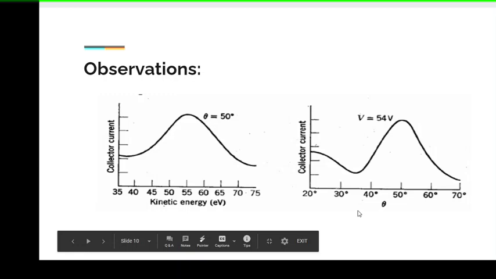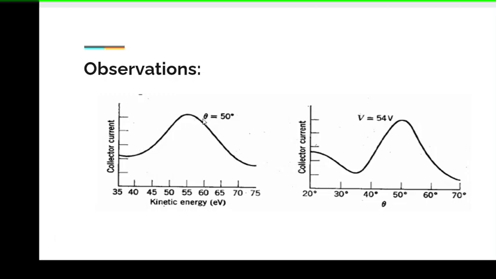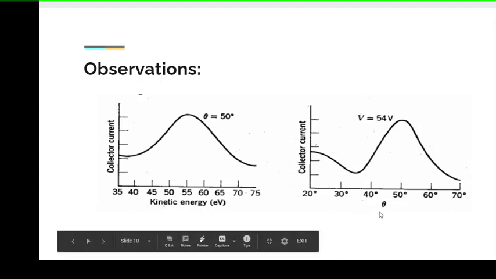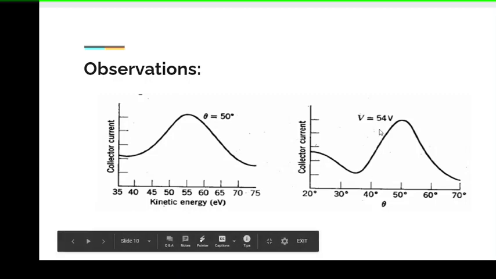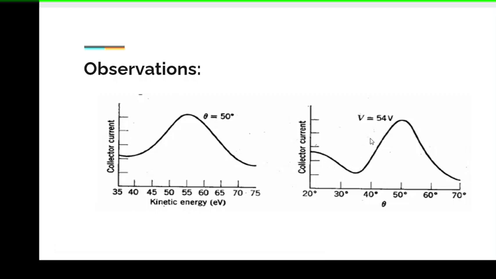when the graph is plotted between the kinetic energy and collector current, here is the angle theta which is observed. The peak is observed at almost 50 degrees. Here we have the collector current and theta. When a graph is drawn for a potential of 54 volt, we get such a curve.